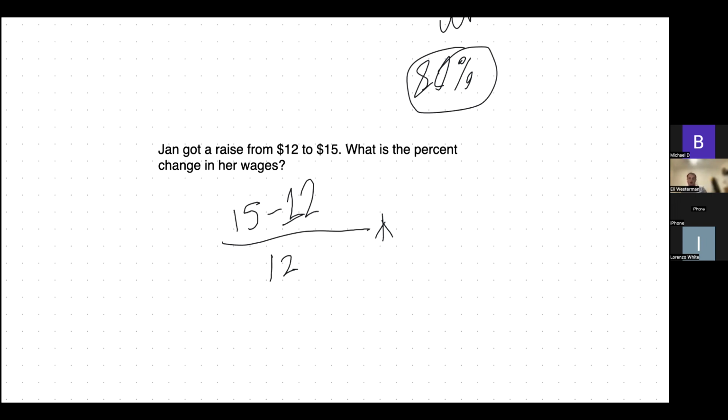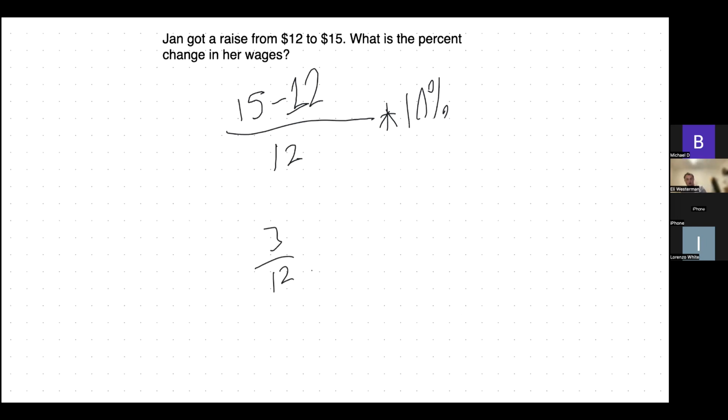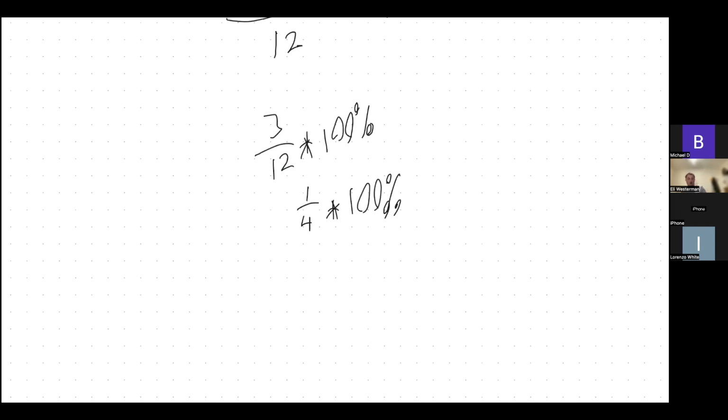So we have 15 minus 12 is 3 over 12 times 100%. Now to make your life easier, you can simplify. That's 1 over 4 times 100%. Then we can do the math. 4 goes into 10 twice, 4 goes into 20 5 times, so it's 0.25. To turn that into percent, we move the decimal place 2 places and add a percent, so 25% is the answer.